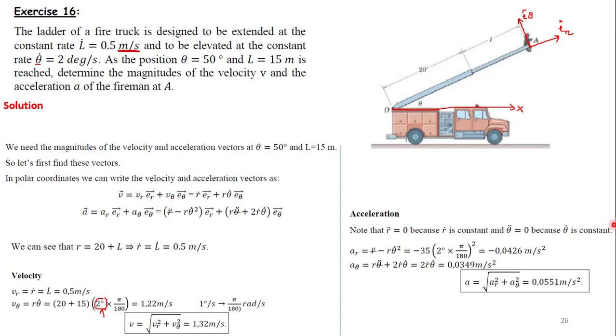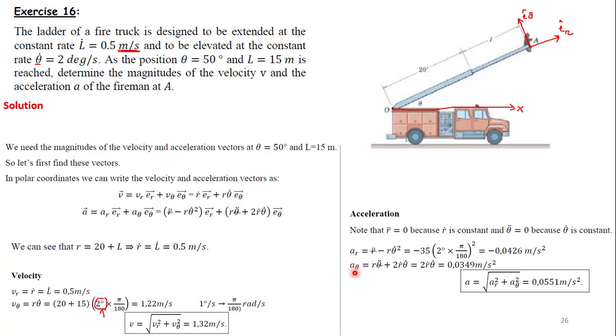And you also know that theta dot is a constant, so theta double dot is also 0. So we can deduce AR and A theta. AR is equal to R double dot minus R theta dot squared. We can replace each term with its value to obtain AR equal to minus 0.0426 meter per second squared.